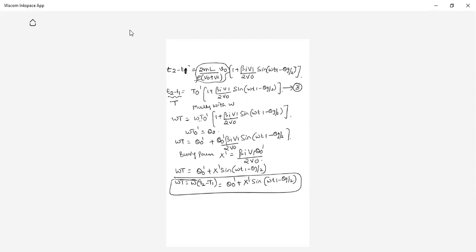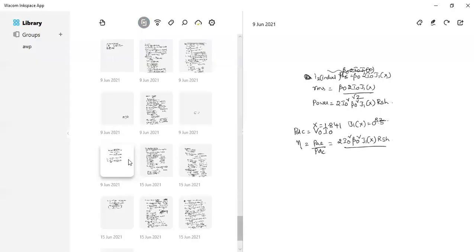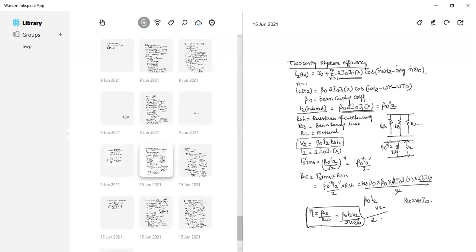Okay, so today what we discussed, we'll go back and see what points we discussed. We started with the two cavity Klystron efficiency derivation. So efficiency is nothing but PAC by PDC. For that we have calculated PAC, and the PDC value also we have calculated.